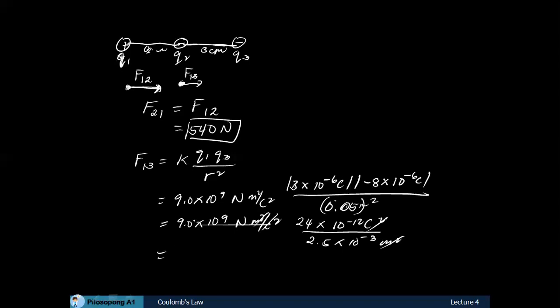And we get a value of 9.0 times 10 raised to 9 times 9.6 times 10 raised to 9. This is the quotient of these two values, and we get an answer of 86.4 newtons. So we say that this is positive since it's going to the right.